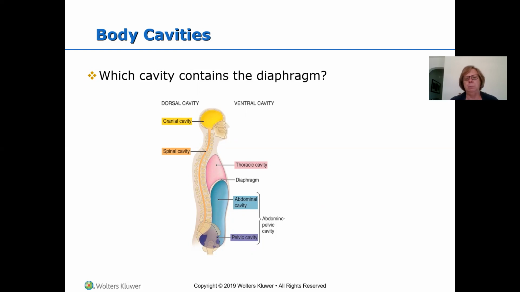And the abdominopelvic cavity consists of the abdominal as well as the pelvic cavity. On the dorsal side, we have the cranium, which is housed within the cranial cavity, and then we have the spinal cord, which is along our dorsal side and is in the spinal cavity.